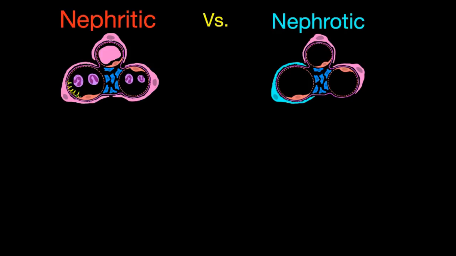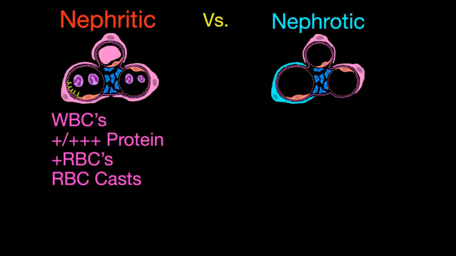The way we make this distinction is that we perform urinalysis. You can do tests on the urine itself, and we take a sample of the urine, spin it down in a centrifuge, resuspend the pellet into a very small volume of that urine, and then look at it under a microscope. How we interpret that is important, and that's how we distinguish between nephritic and nephrotic. Let's do it.